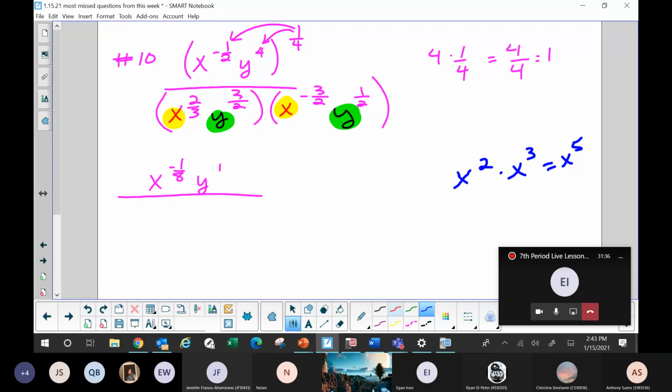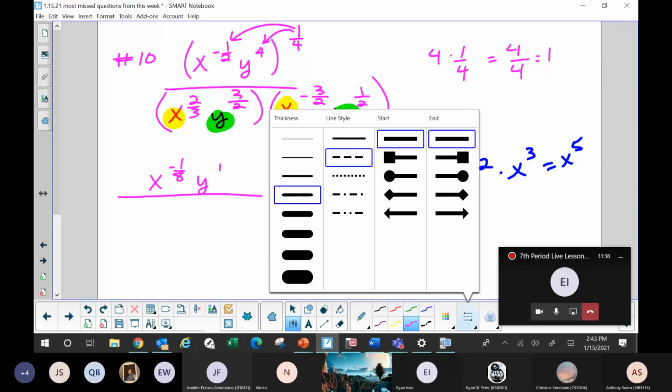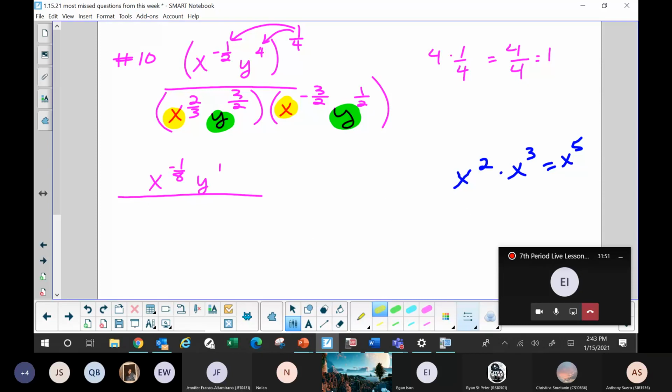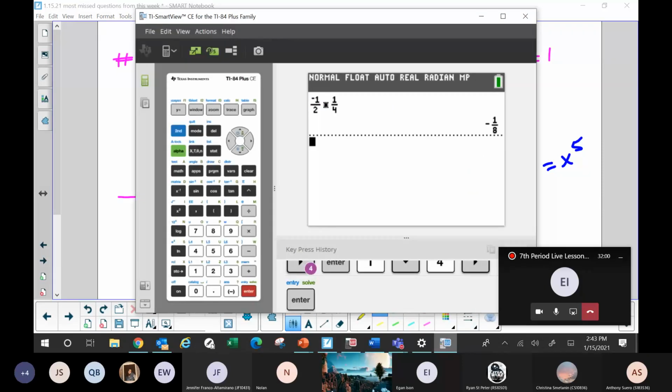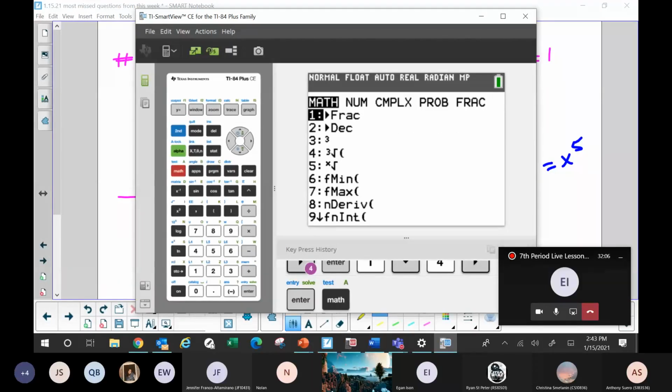So let me go back to that color, keep things consistent. My smartboard's a little slow to respond for whatever reason. So we have 2/3 minus 3/2, or 2/3 plus negative 3/2. Okay, so math, fraction.